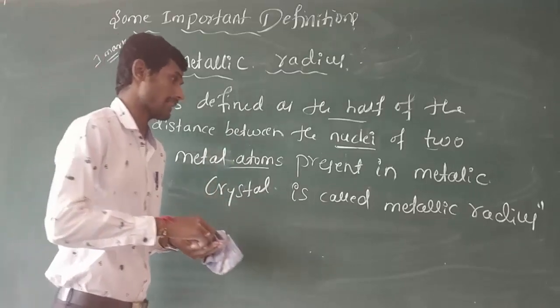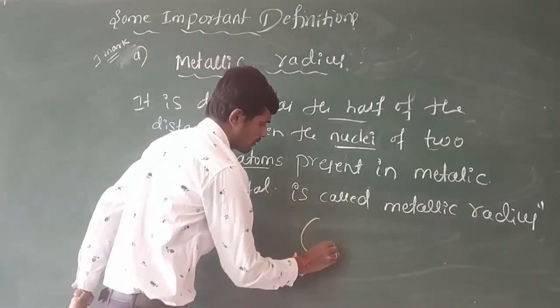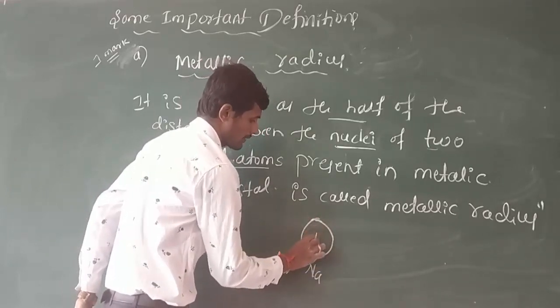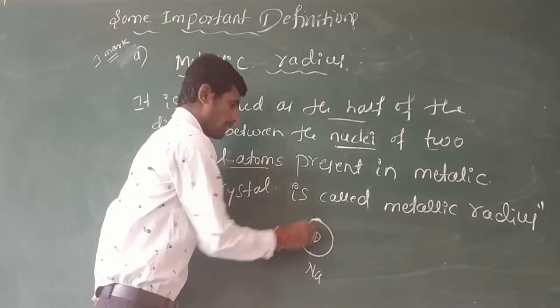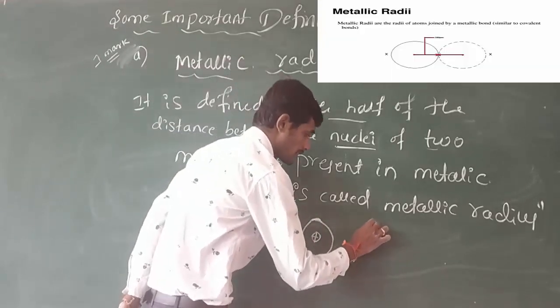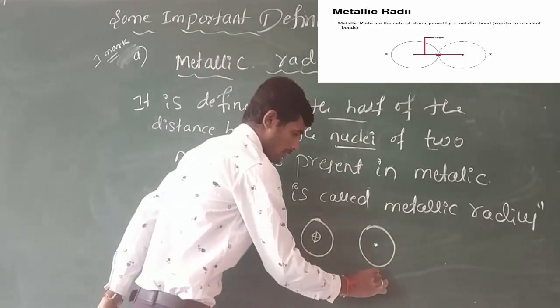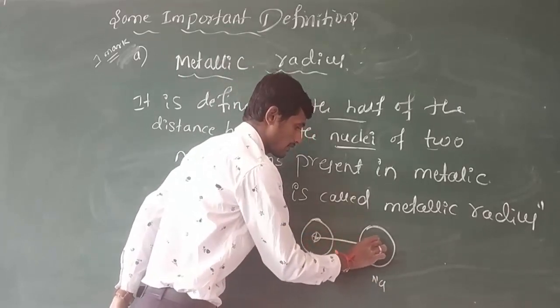Students, if you take an example, over here I take one sodium metal. Is it right? Yes. And here another sodium metal. The distance between these two nuclei is constant.